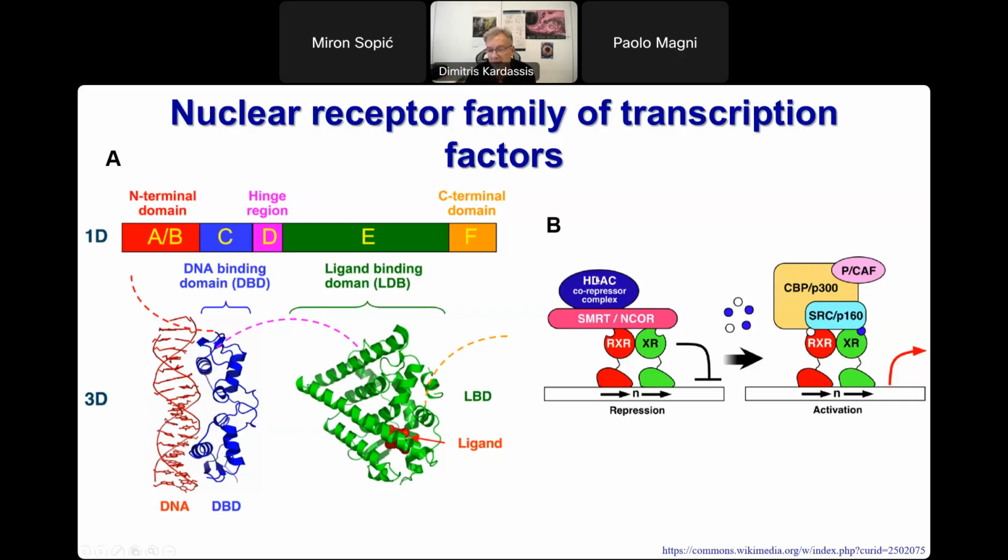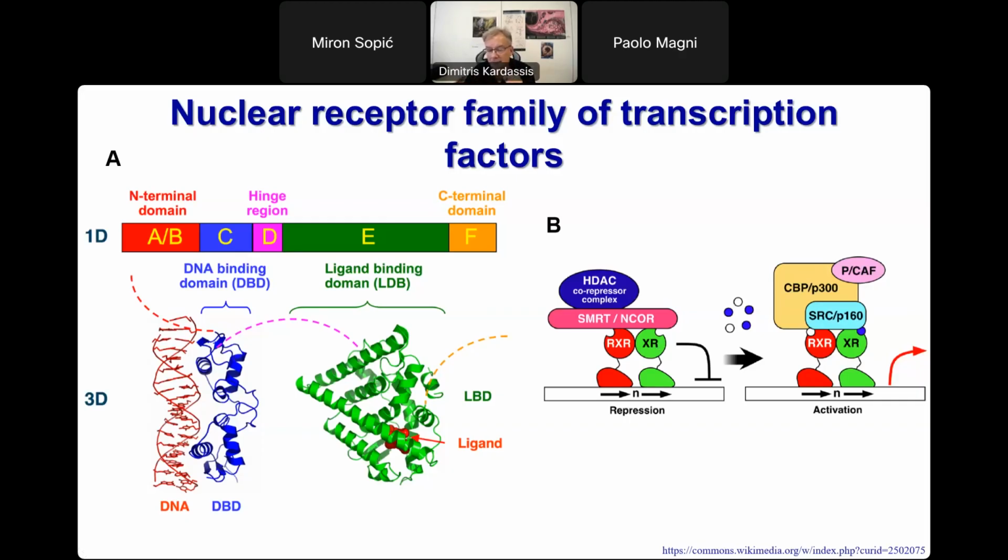What is happening is that in the absence of the ligand, these nuclear receptors, which bind again as dimers, as in the previous examples, as heterodimers or homodimers, actually do repression, because they bind to repressors like the HDAC, histone deacetylases, which are called SMRT or NCoR, nuclear receptor co-repressors. And the chromatin is inactive.